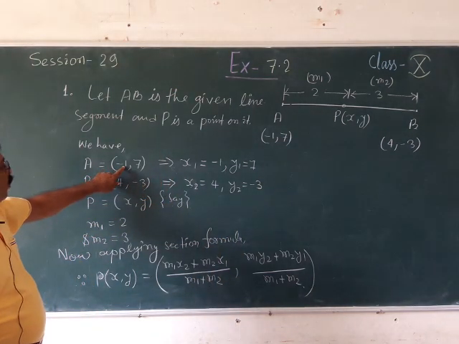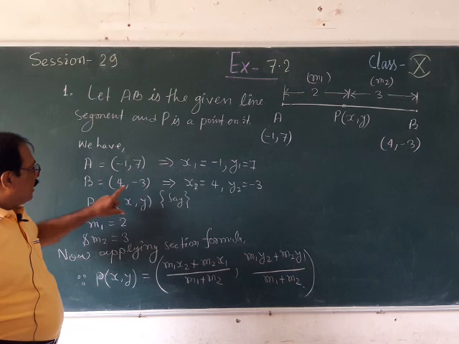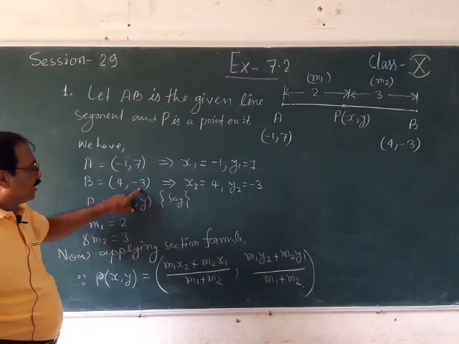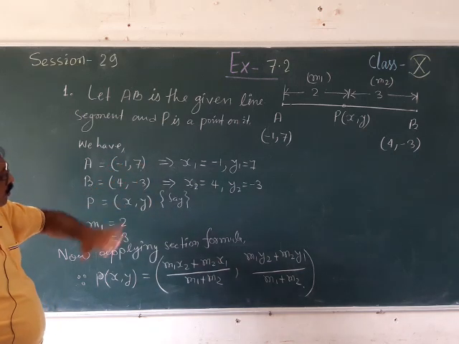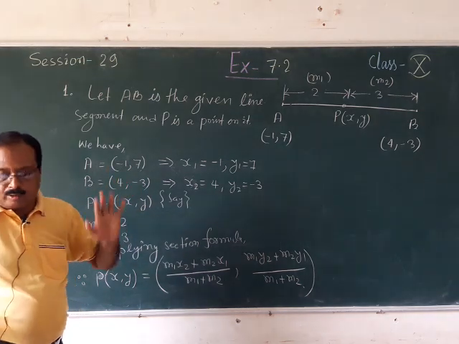If you write your points (-1, 7) and (4, -3), it is clear that x1 is -1, y1 is 7, x2 is 4 and y2 is -3. That can be understood when you write the things here.